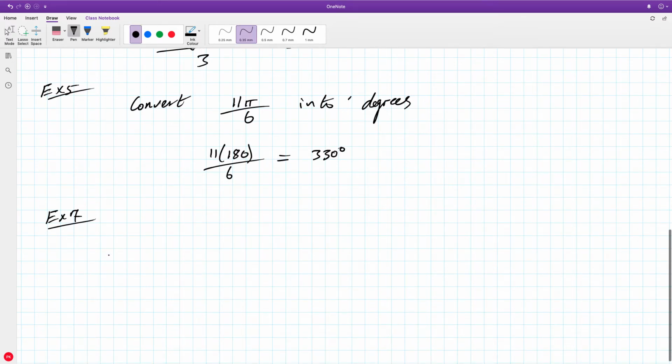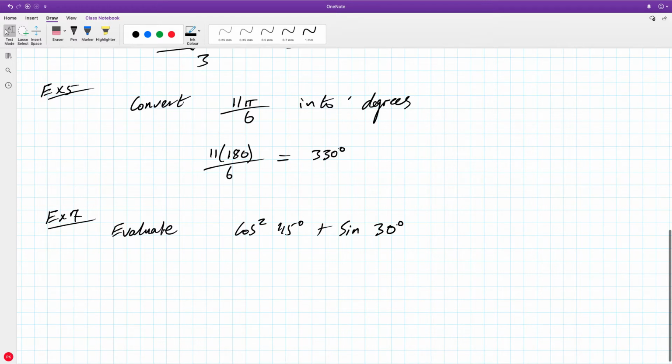Evaluate them. Now that we know how to get values, we have to be able to evaluate them. So, evaluate cos squared 45 degrees plus the sine of 30 degrees. Just make sure we know how to do it. What's another way of saying cos squared 45 degrees?